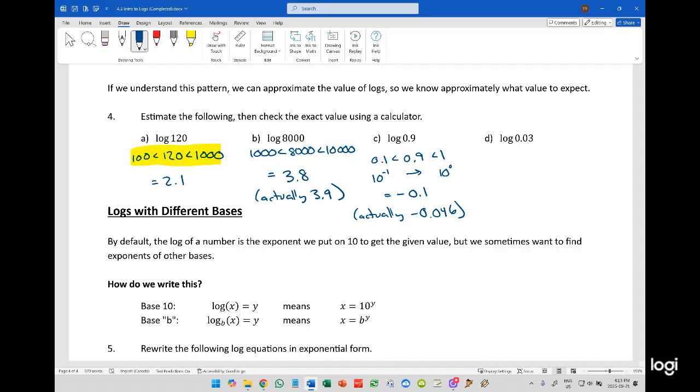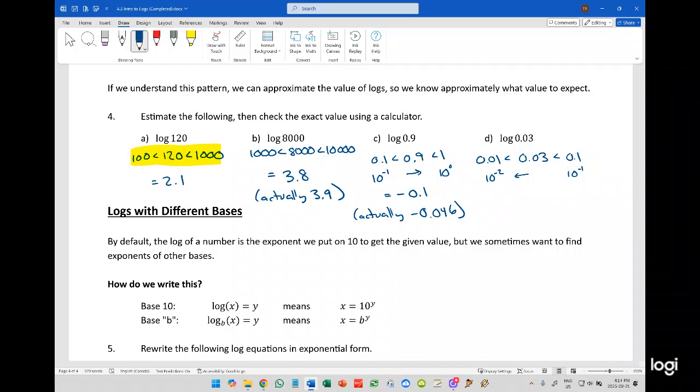Likewise here, 0.03 is between 0.1 and 0.01. This is 10 to the negative 2. This is 10 to the negative 1. It's a little bit closer to this side. In fact, this is again where our brain doesn't do logs or exponents so well. Our brain's very linear.